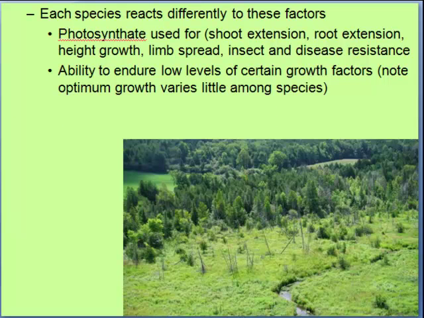So each species reacts differently to these factors of competition, and how the trees use the photosynthate, in other words the product, for shoot extension, root extension, height growth, limb spread, and insect and disease resistance, depends on the species.